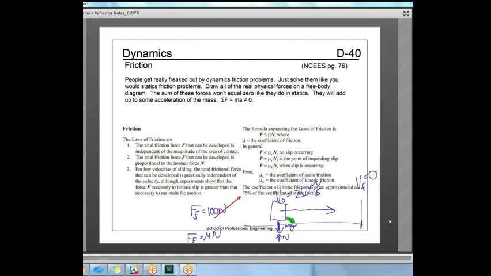If I'm going to ask you for the distance traveled, what else do I need to give you in this question? Well, if I gave you time, you'd use that equation. But what if I didn't give you time?